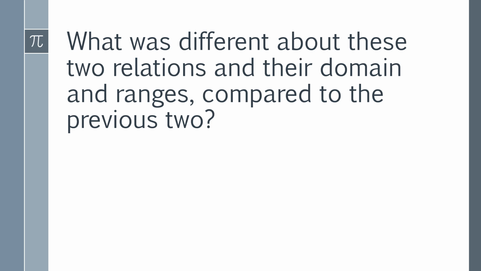Now let's talk about what was different about these last two relations and their domains and ranges compared to the previous two. Well, our first two functions came out very nice and even relative to being integer values. For the second couple of these, for the most part most of them were on integer values.